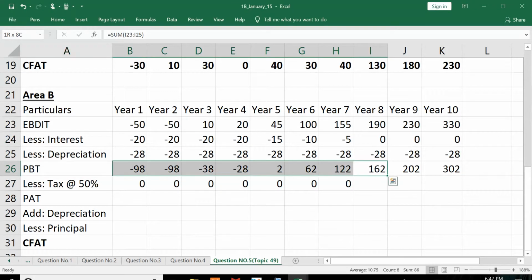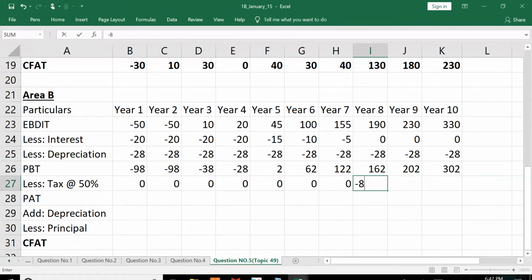In this year the taxable profit is 86, so 86 into 40%, or 86 into 80% into 50%. I straight away write into 40%, and last year again into 40%. Clear? Any doubts on this?